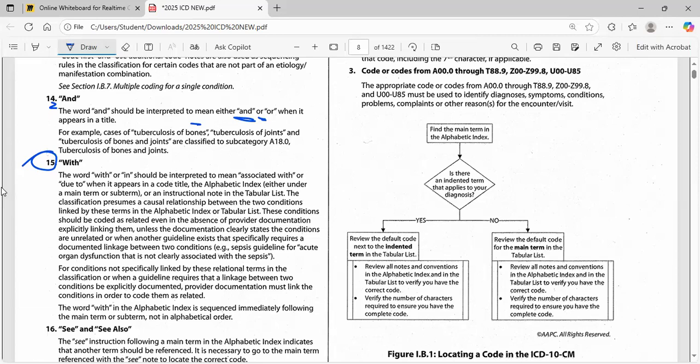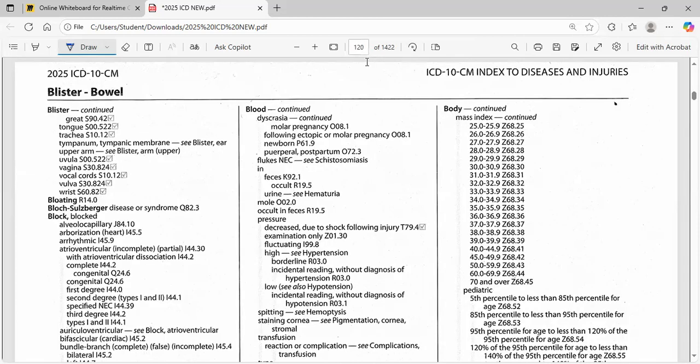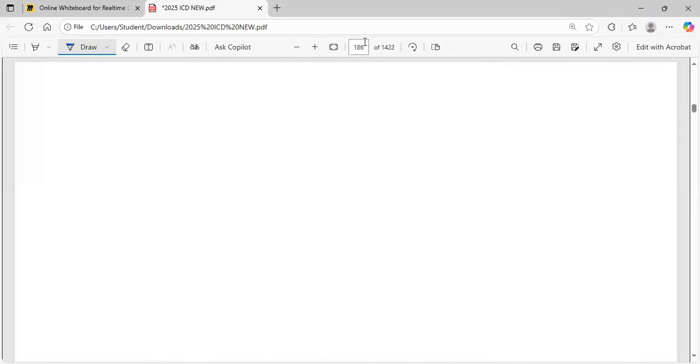So we have to locate the "with" term. I'm pulling a random code here.